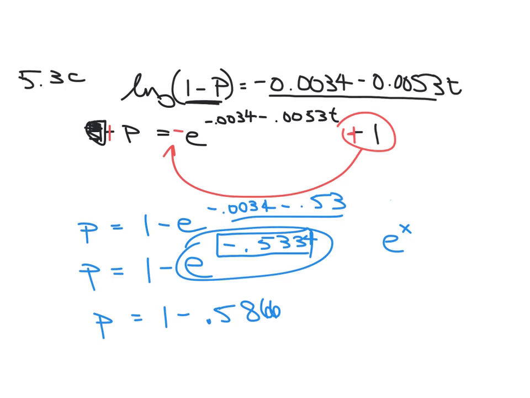Okay, so then 1 minus 0.5866 equals 0.4134, which gives me approximately 41.3%. So that's what it will reduce the emissions if I tax people $100 per ton. So anyway, that is number 10.